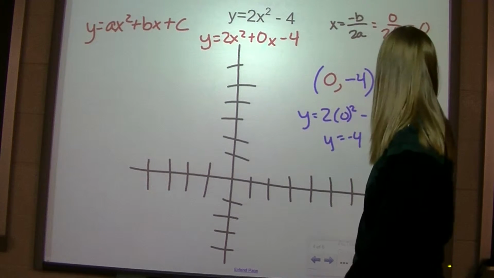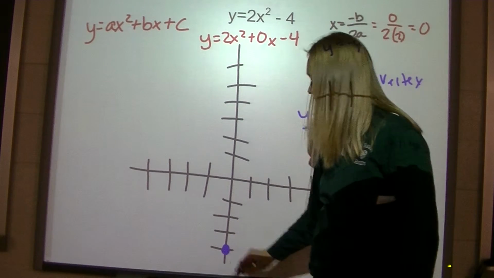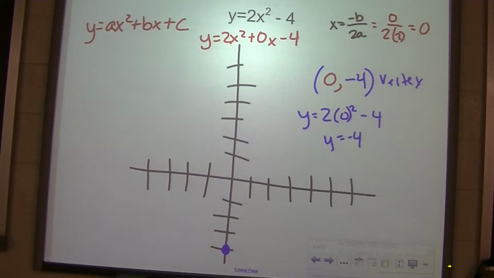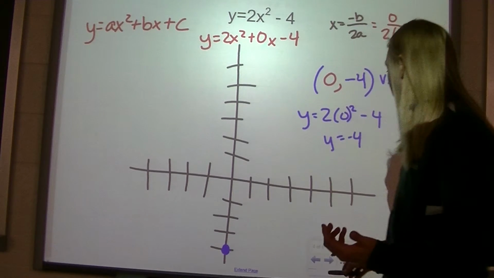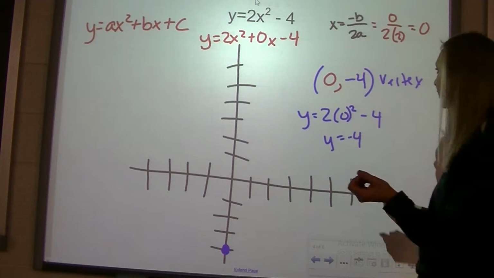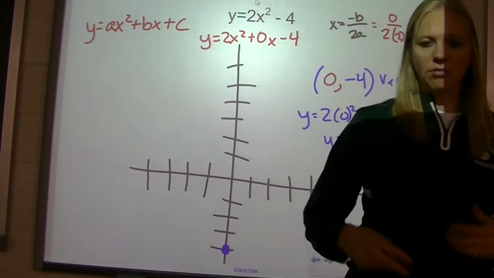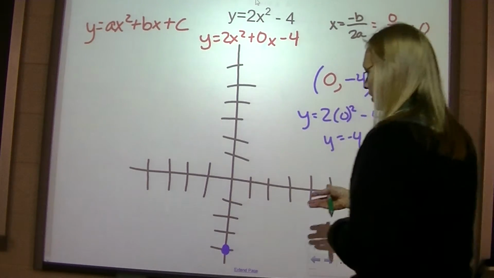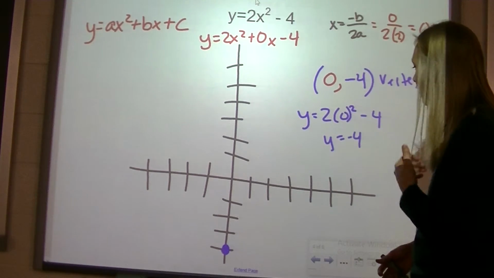So let's plot that. There is our vertex, 0, negative 4. And then just like with absolute value equations, to see what the other point is that we need to graph, we just plug an x coordinate in and figure it out that way. It doesn't matter if we pick one to the right or to the left, or how many we pick, because if we pick one to the right, we can easily find its corresponding point, like we learned last lesson.